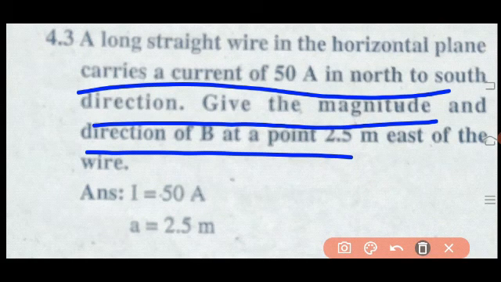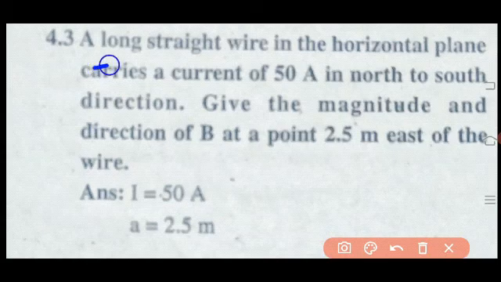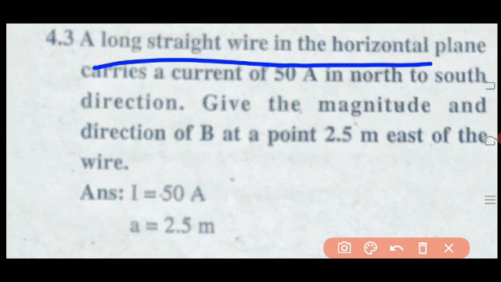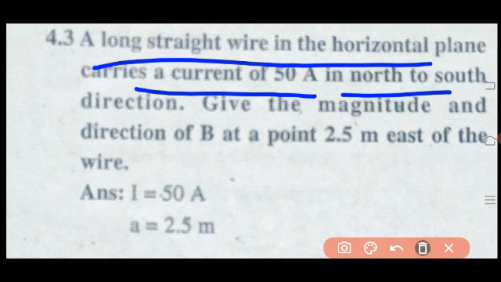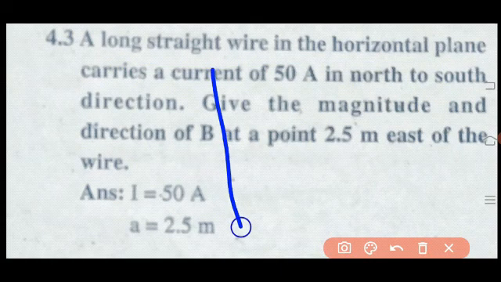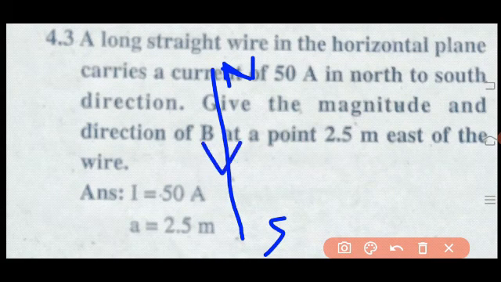So here, a long straight wire in the horizontal plane carries a current 50 amps in the north to south direction. If this is a wire, this is north and south, the current is in the direction of north to south.